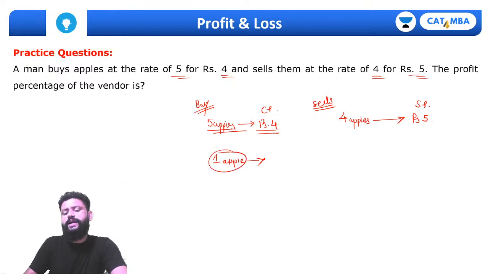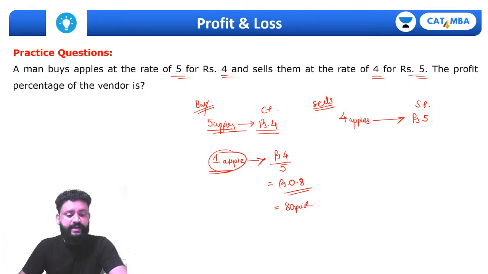Okay, so 5 apples for rupees 4. So can you tell me what is the cost of one apple? The cost of one apple will be, we need to divide this 4 rupees in 5 parts. So rupees 4 divided by 5, that comes out to be 0.8, right? 0.8, और you can say चलो 80 पैसे लिख देते हैं. 80 पैसे में 1 एप्पल उसने खरीदा होगा, right?